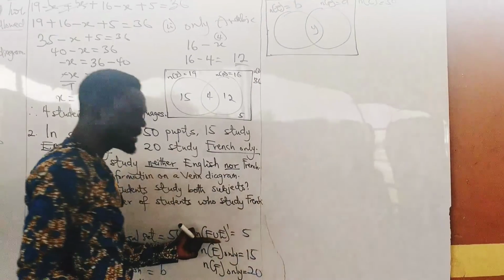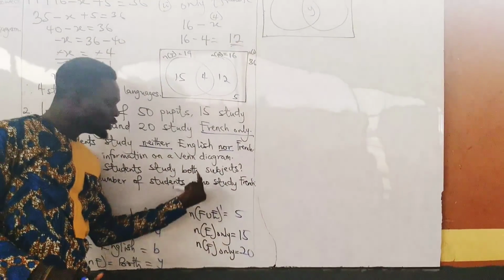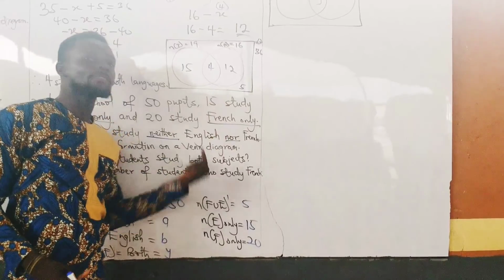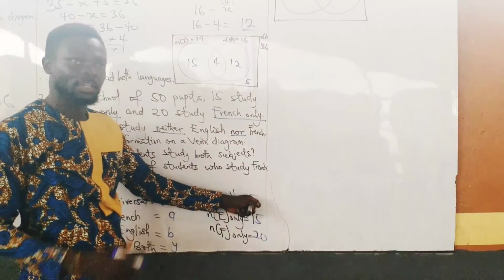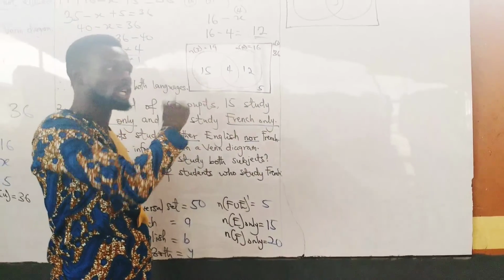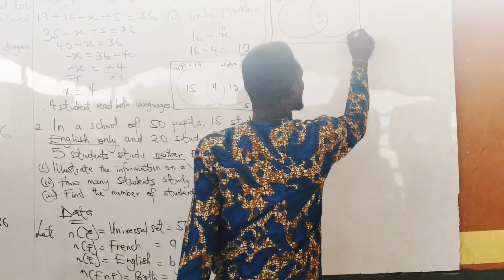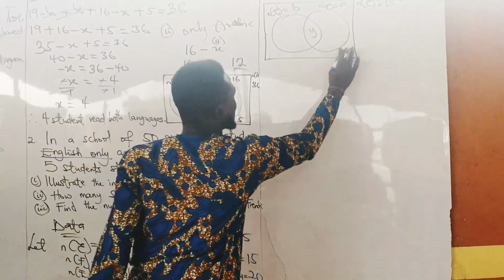Then we have the complement, (E union F) prime, as 5 in the universal set but not in any of the circles. So we bring it here as 5. You can even position it here.